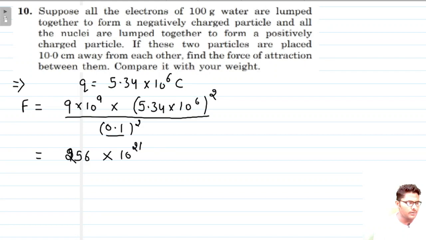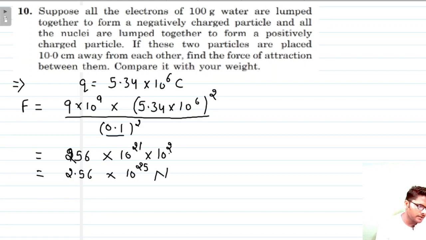From below, this is 0.1, which means 10 raised to power minus 1, and when we square this, it is 10 raised to power minus 2, and when this goes up, it becomes 10 raised to power 2 positive. So it is 10 raised to power 4 plus 1, that is 10 raised to power 25 newtons. So this is our final answer for this question.